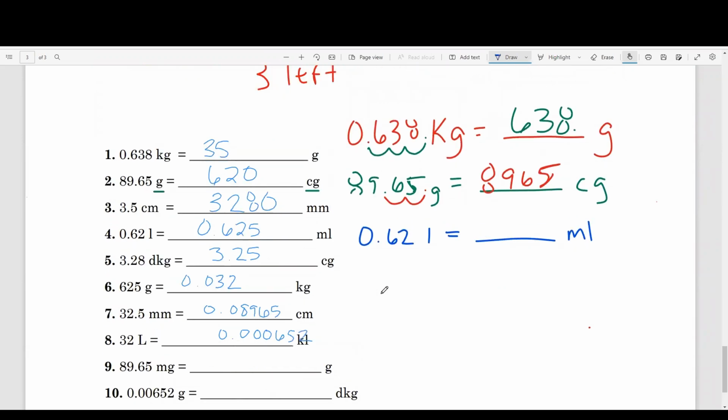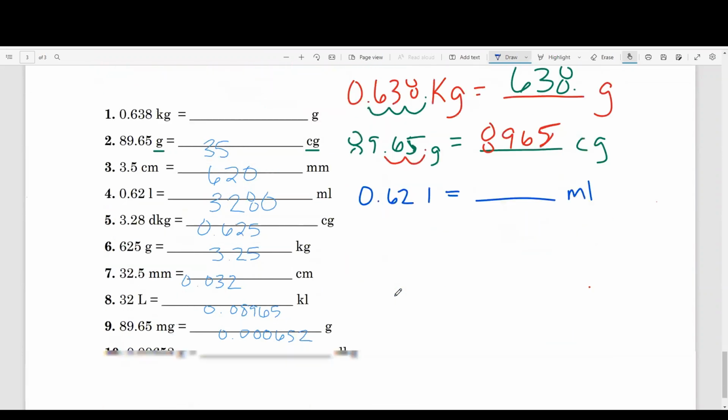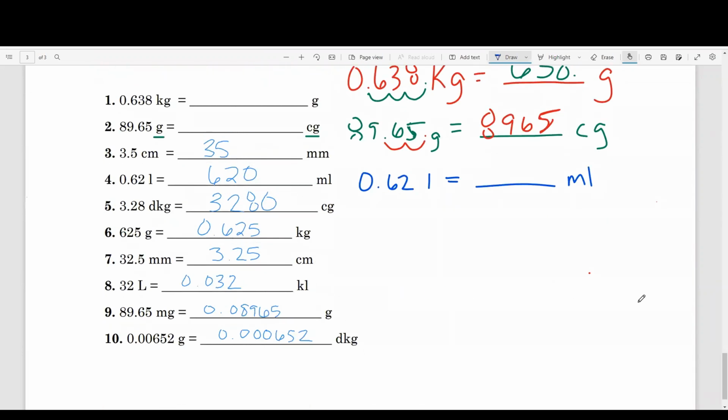All right, never mind. Okay, let me write it out. We know we started at liters. Liters is our base unit, so it's here. And then we end at milliliters.